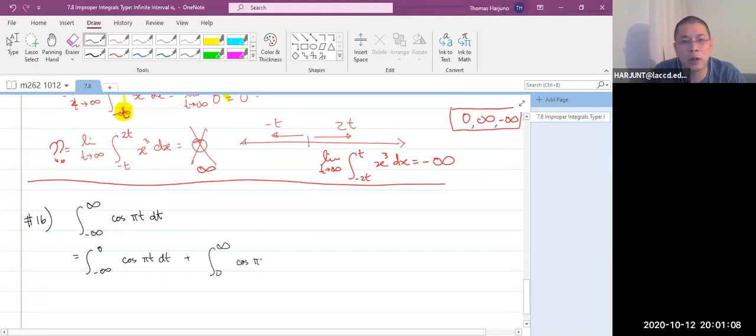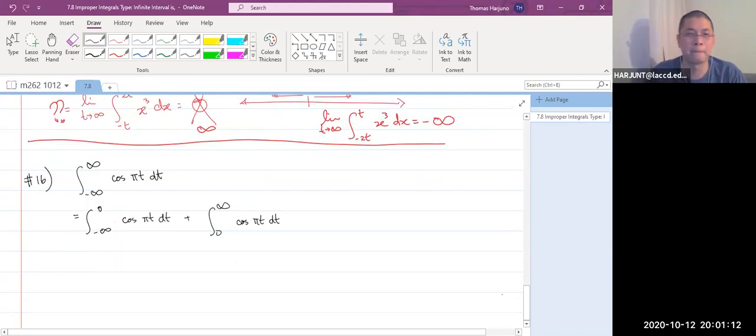Cosine pi t dt. I want to claim that one of them does not exist. The limit does not exist. So let's do it this way first.